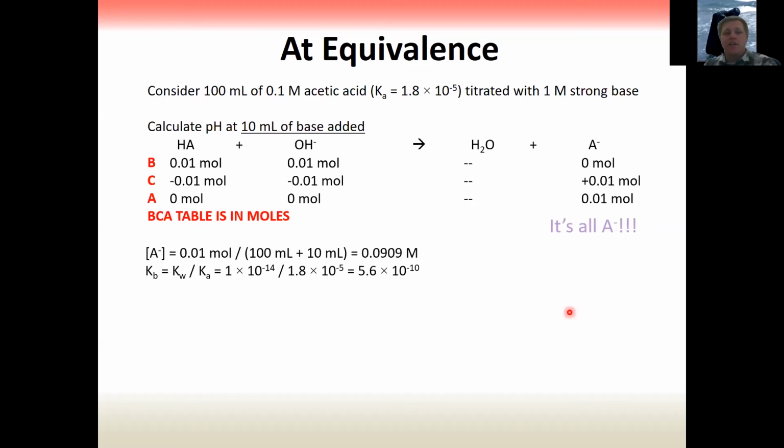Now we are actually ready to set up our ICE table. We're going to start by setting up the reaction that is occurring here. So now we're just considering the reaction with our conjugate base and water. And so that's going to form OH minus and HA. Now here you might look at this OH minus and think, wait, if OH minus was a strong base previously, why is it not a strong base now? Well, that's a very philosophical question.